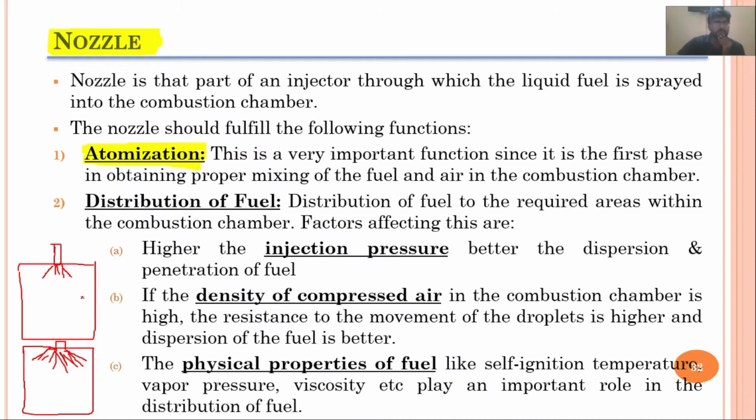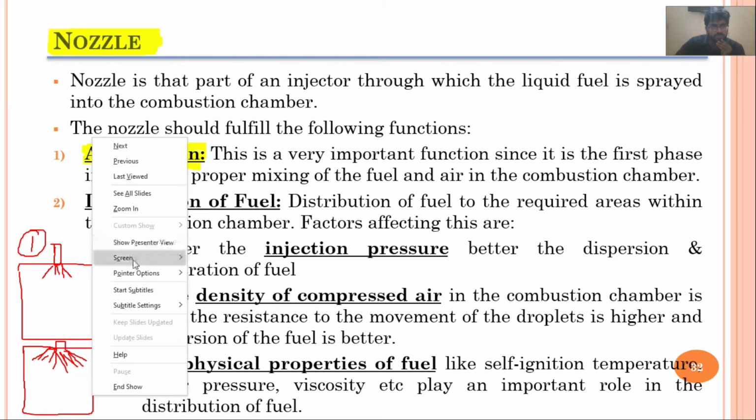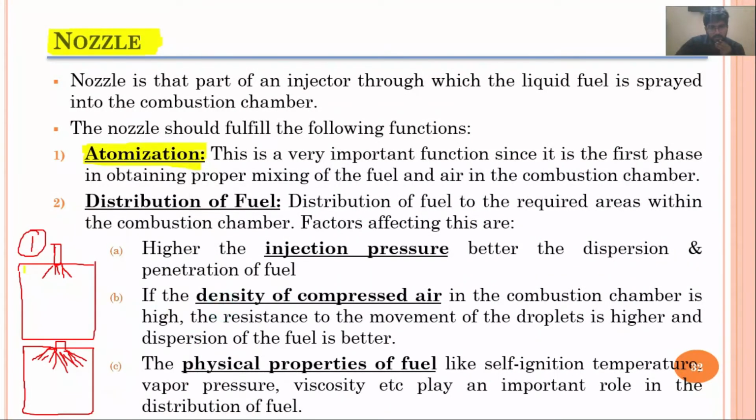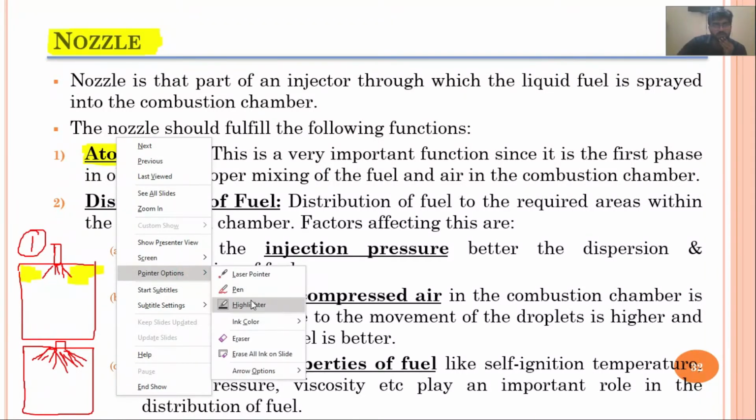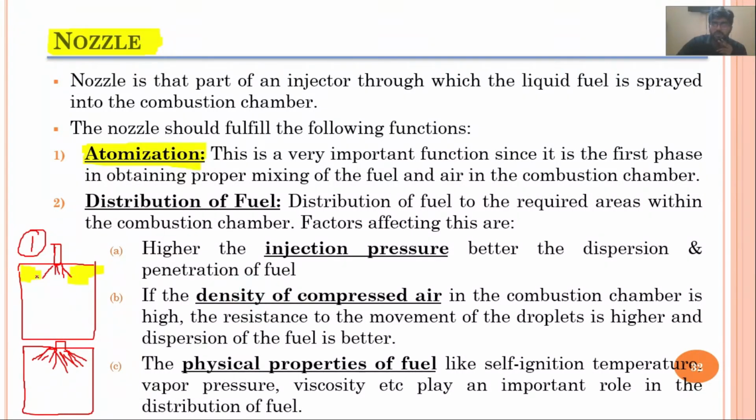So what is happening here is that in the first arrangement we can have a better penetration of the fuel, because the fuel is not being properly atomized, and some portions of this combustion chamber, like I am highlighting this portion and these portions, would not get the amount of fuel so that the air in these locations will combust.